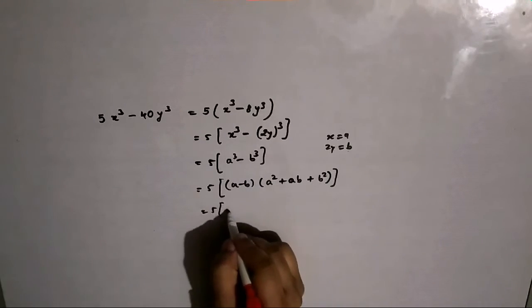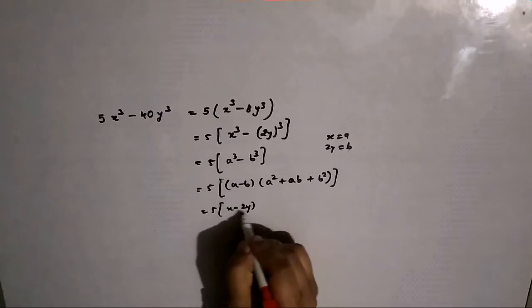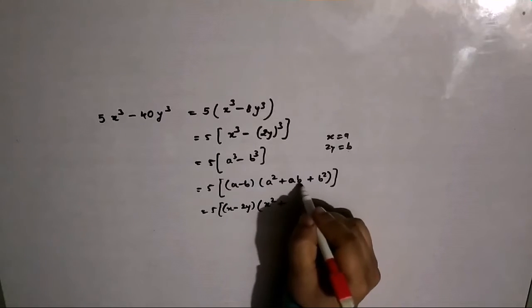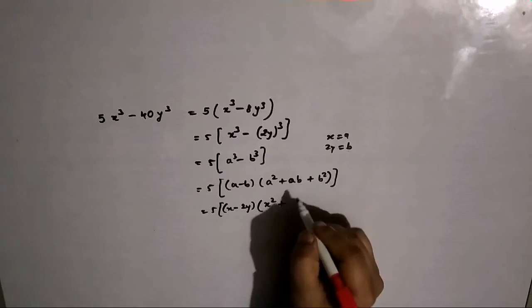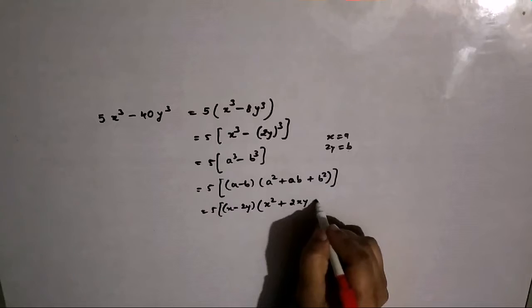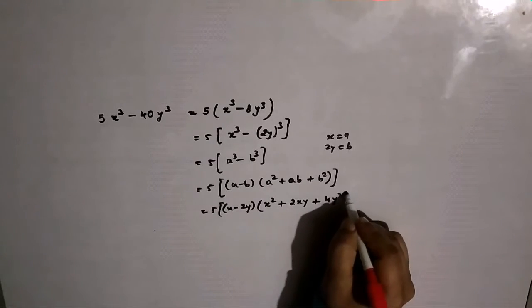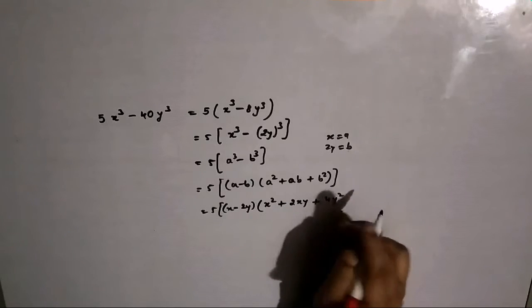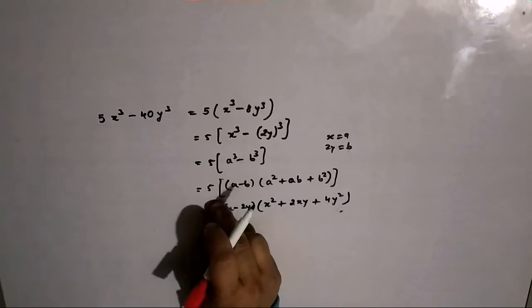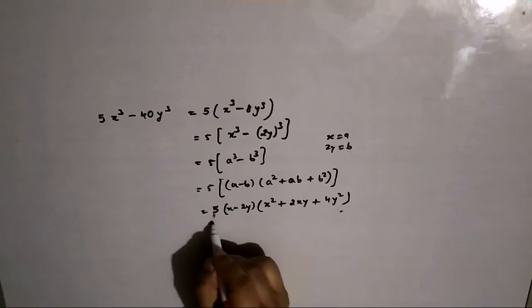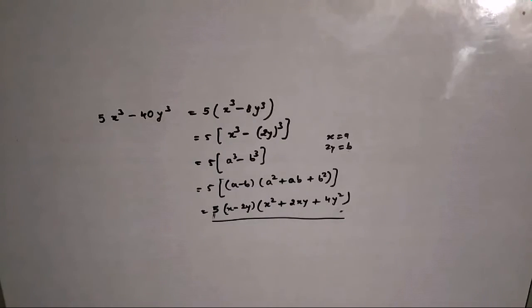So here a is x, b is 2y, then a square is x square, plus ab, a is x and b is 2y, so 2xy, and plus b square, which is (2y) square, so that will become 4y square. So that is the full expression.